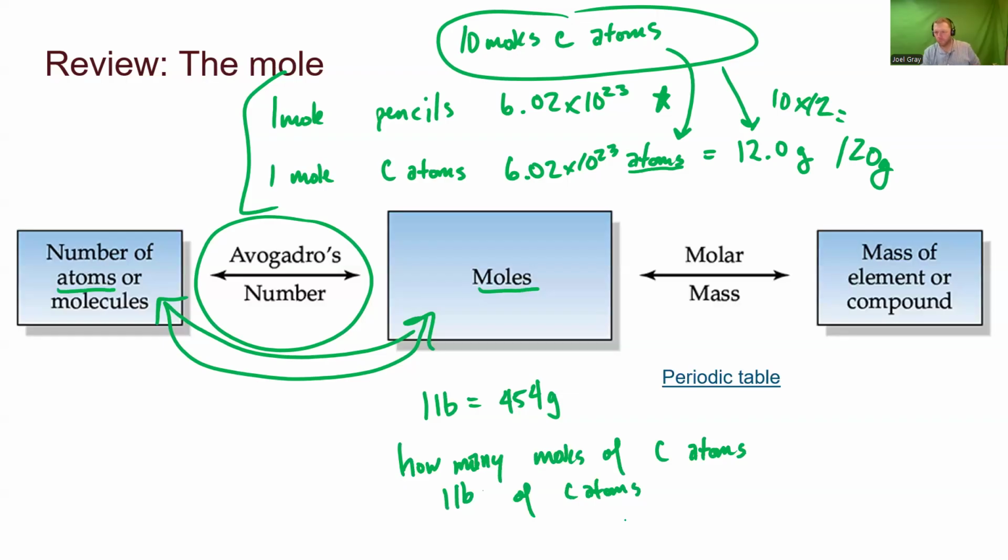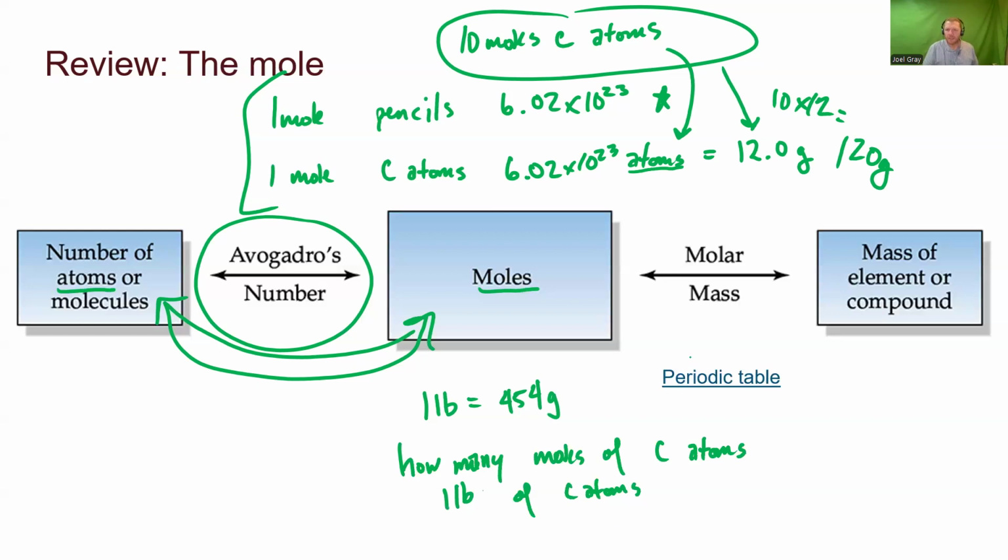Sparrow, I think that's about right. I'm guessing that you did the math. Yeah, 454 divided by 12. So almost 40 moles of carbon atoms. I could lift that. Okay. I couldn't even lift 1 mole of pencils.